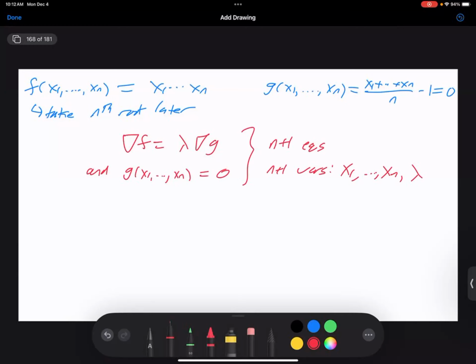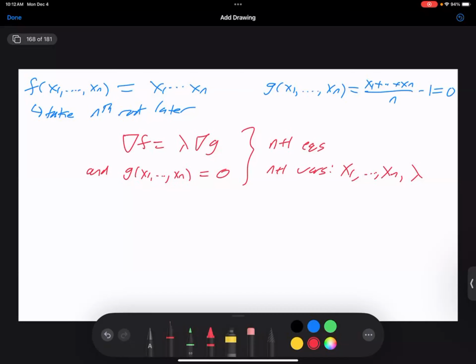Lambda, right? I really don't care about lambda at the end of the day. Lambda is designed to help me get to the candidates x1 through xn. If you can generate x1 through xn without telling me what lambda is, that's fine. It might be easier to find x1 through xn by finding lambda first, but at the end of the day, I only care about the point. So lambda is the least important.